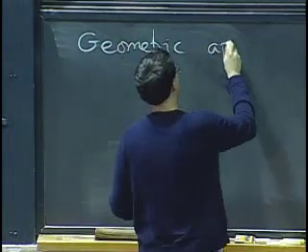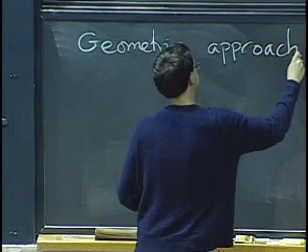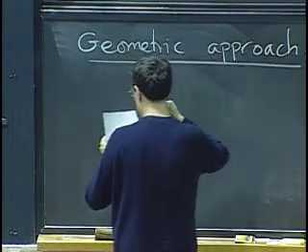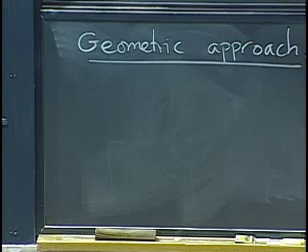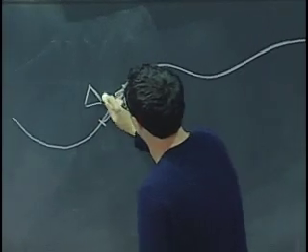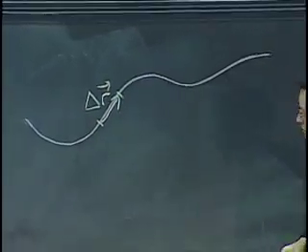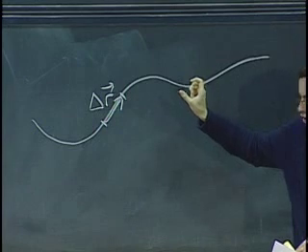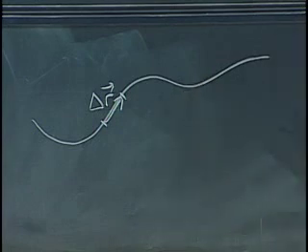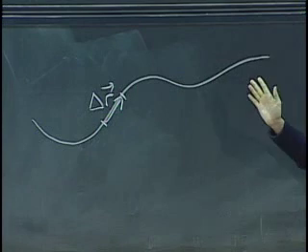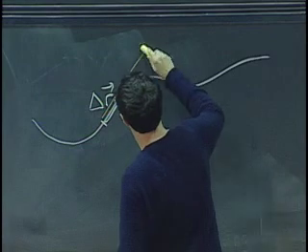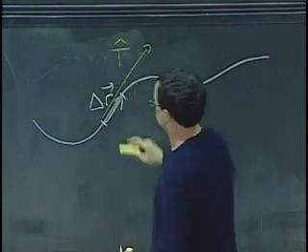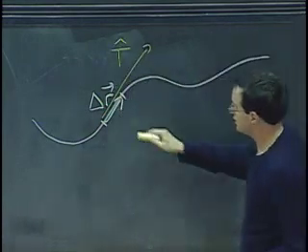the geometric approach. So one thing I want to remind you of first is, what is this vector dr? Well, what is vector delta r? If I take a very small piece of a trajectory, then my vector delta r will be tangent to the trajectory. So it will be going in the same direction as the unit tangent vector T. And what is its length?